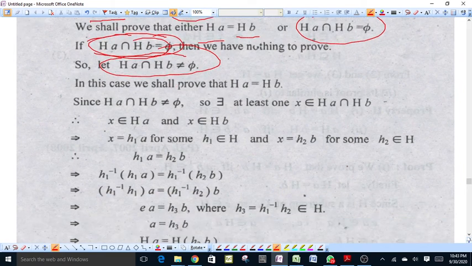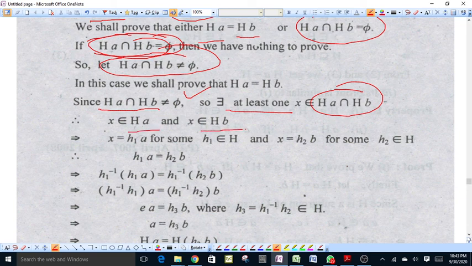Because the intersection of Ha and Hb is not equal to phi, there is at least some element x which belongs to Ha intersection Hb. This means x is a common element of Ha and Hb. x belongs to Ha, also x belongs to Hb. Therefore, x will be of the type h1a for some h1 in capital H, and x will be equal to h2b for some h2 in capital H.